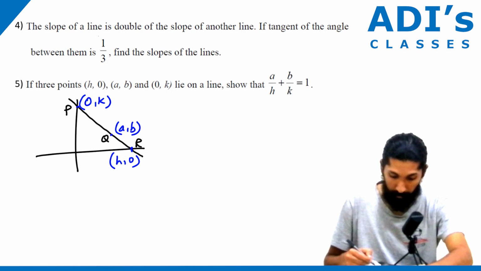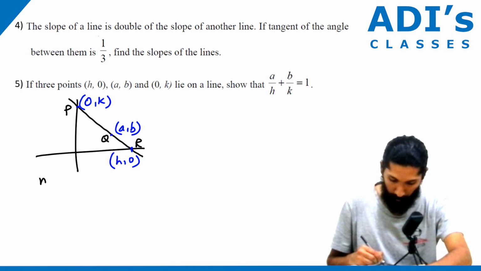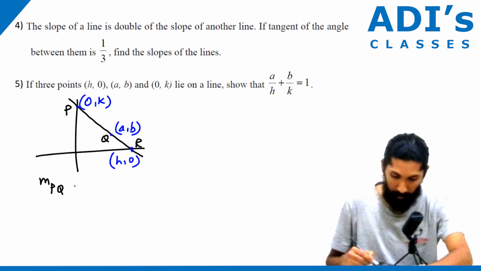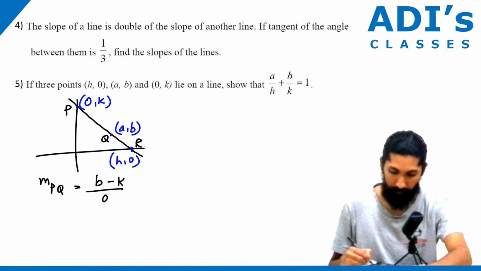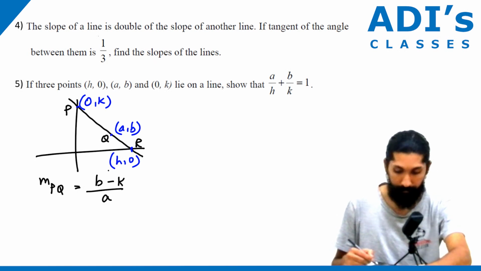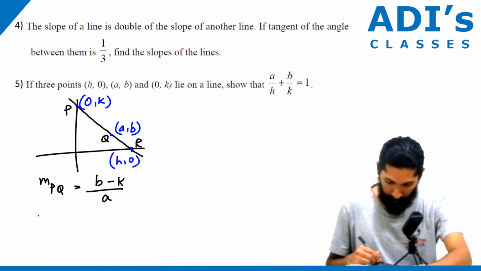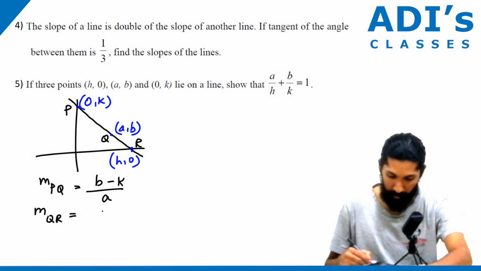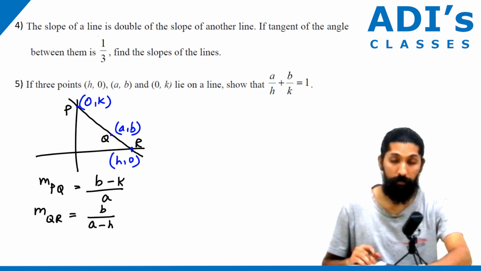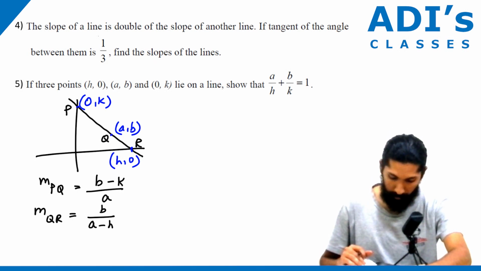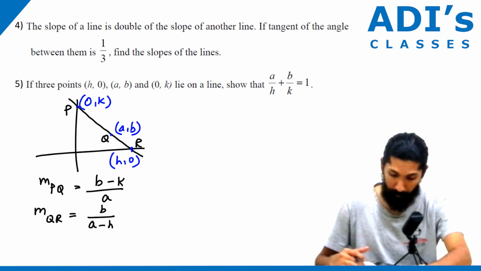Slope of PQ is going to become b minus k divided by a, because a minus 0 is a. Same way, the slope of QR is going to give us b minus 0, which is b, divided by a minus h. We have these two. Now, guys, you know that these two are equal, isn't it? Now, equate both of them.